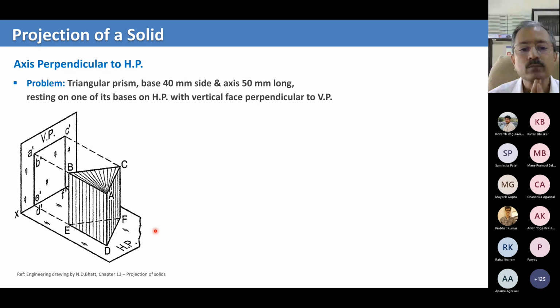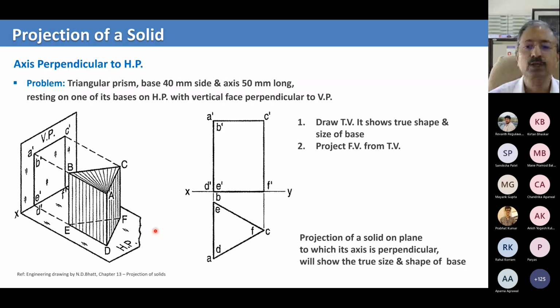Recall projections of lines and planes. Mentally map it, and I'm going to show you now how it's going to look in your front view and top view. Okay, straightforward.